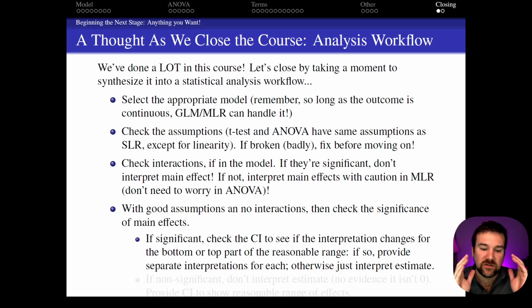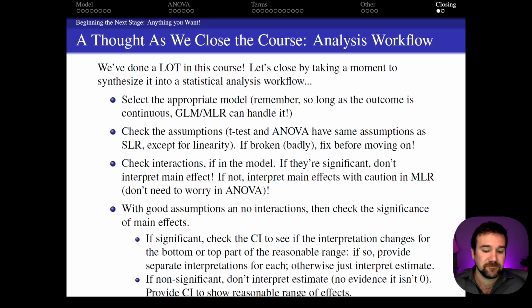Again, for the confidence intervals, if it's significant, they're going to tell in some way the same story, but they might still be far apart, and they might tell drastically different stories. They're not going to go in the opposite direction with a significant effect, but they might still bear different interpretations. If so, then I would provide a different interpretation for each and acknowledge both of those contexts are reasonable, and we should take those into account when we make a decision. Otherwise, I'd just interpret the estimate.